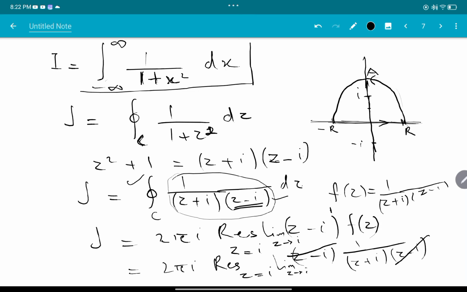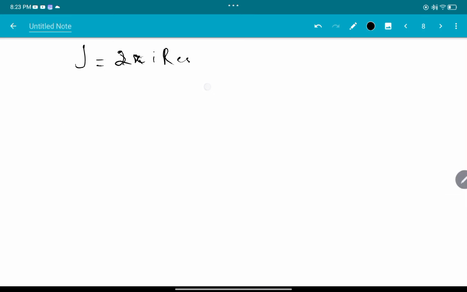Now I have to take the limit of this. That is 1 by z plus i, since I have cancelled the other factor. Putting z equal to i here, I get 1 by (i plus i), that's 2i. So the value of the residue is 1 by 2i.